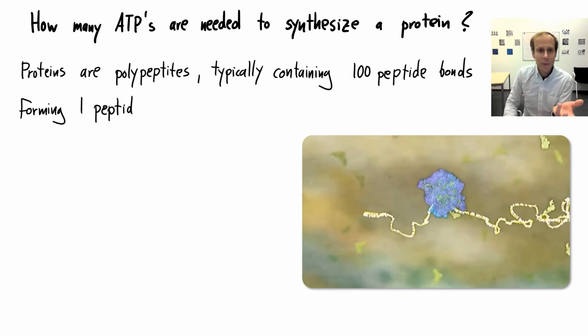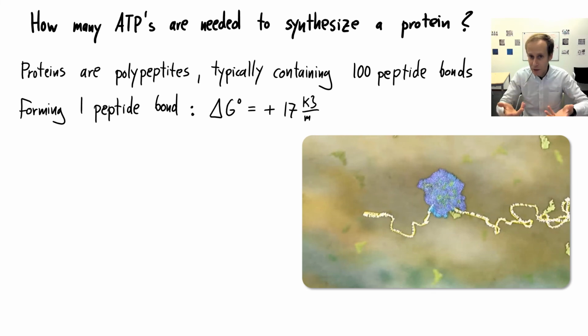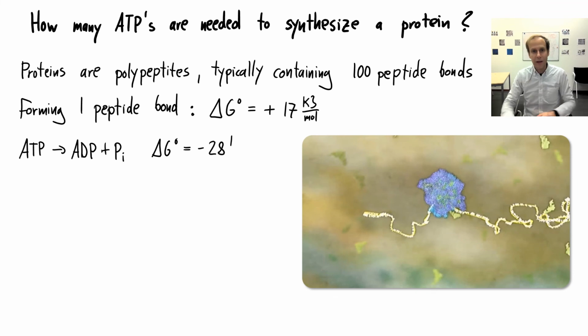So forming one peptide bond connecting two amino acids together costs energy. It's not for free. You have to add about 17 kilojoules per mole of non-volume work to connect these two amino acids. And we know the hydrolysis of ATP to ADP and an inorganic phosphate provides about minus 28 kilojoules per mole of Gibbs free energy change of reaction of non-volume work.